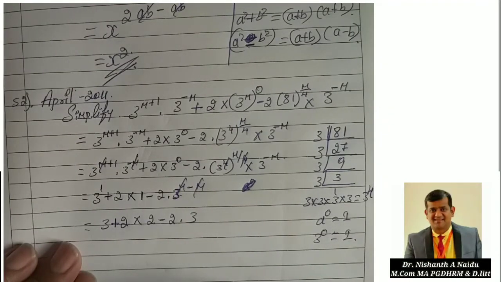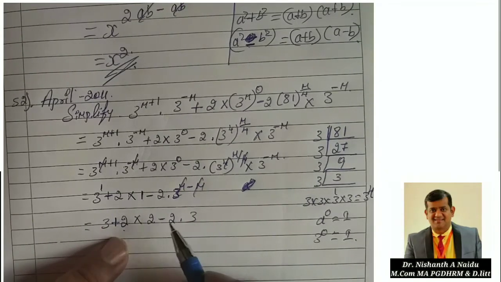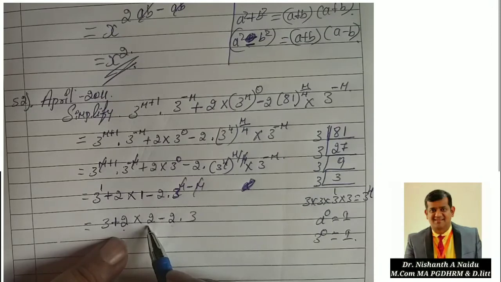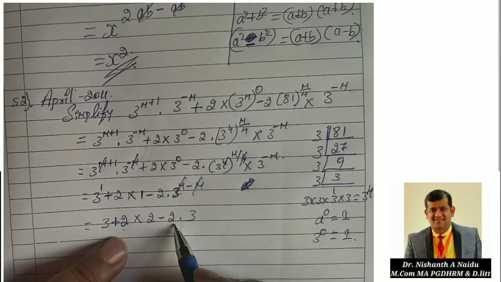So I repeated somewhere, right? 3 plus 2 is correct, minus 2 correct, then minus 2 again.